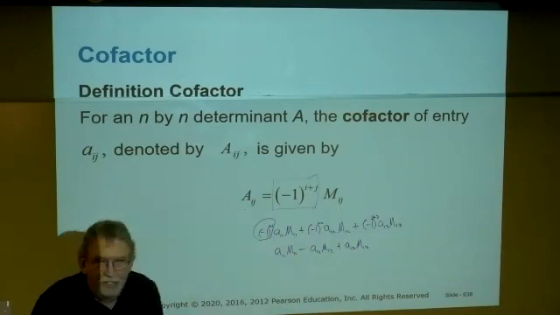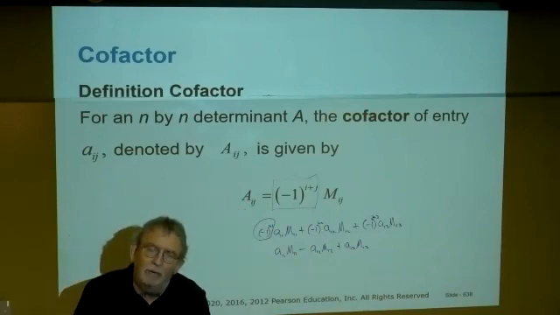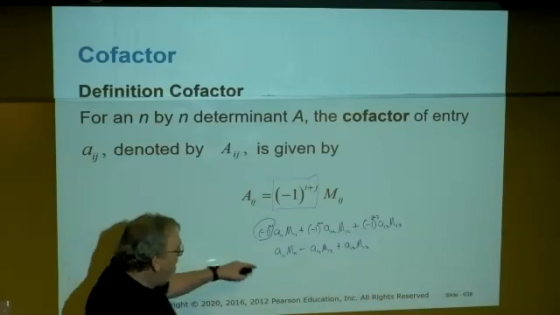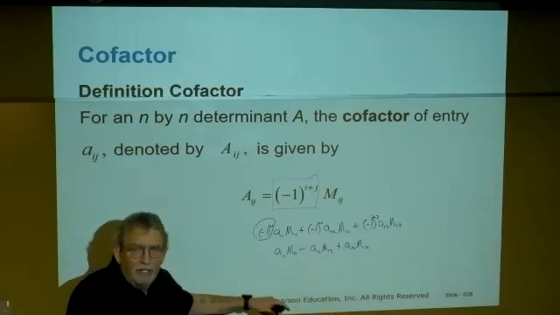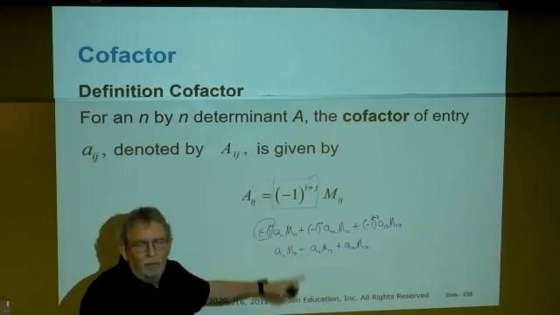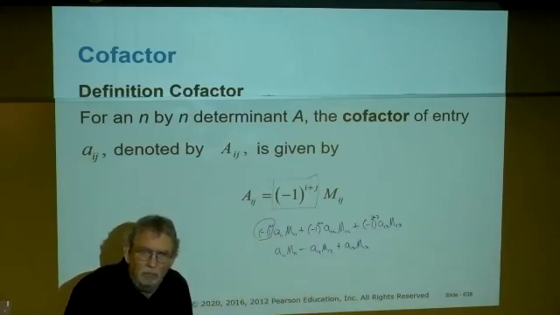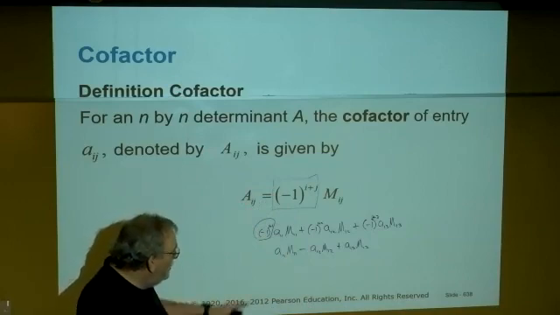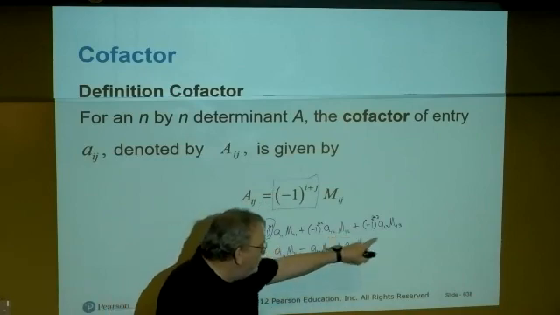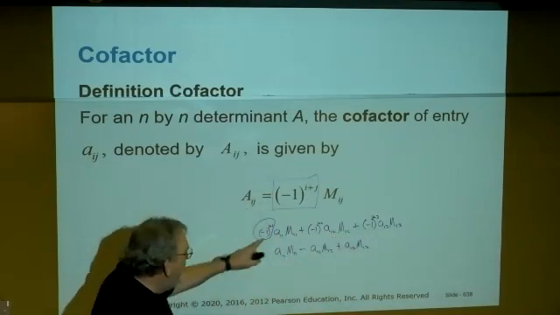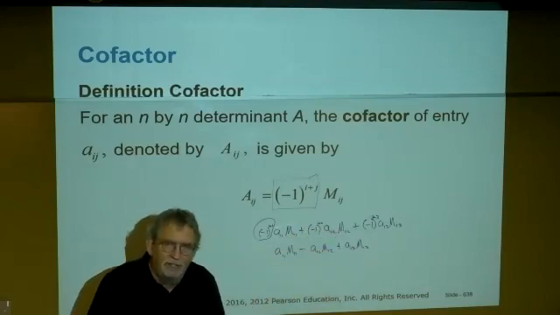I understand what it's doing and I know how to do it, but I don't want to have to remember it every time. Because now I can change which row I'm doing, or I can change which column, or what if I'm going by row or going by column. Going by row, the first number in the subscript will be the same. Going by column, the second number in the subscript will be the same.